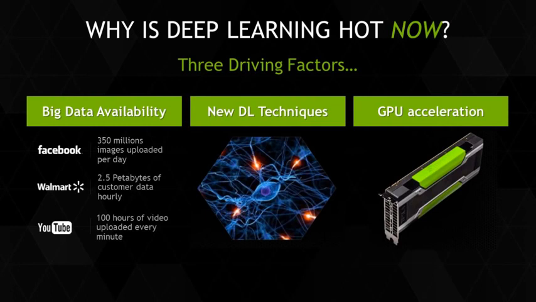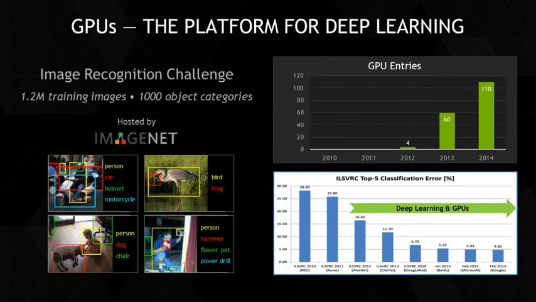So now we'll move on to talk about the relationship between GPUs and deep learning. GPUs have become the prominent platform for deep learning. There is a well-known computer vision contest hosted annually called the ImageNet Image Recognition Challenge.